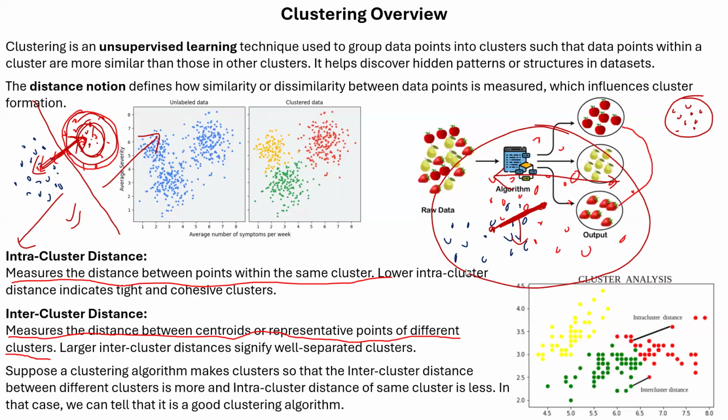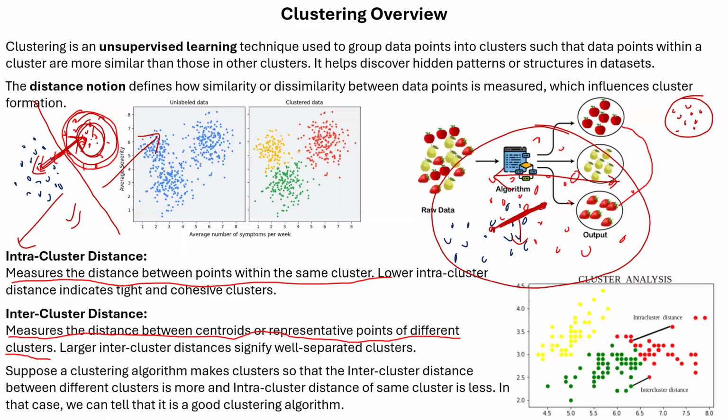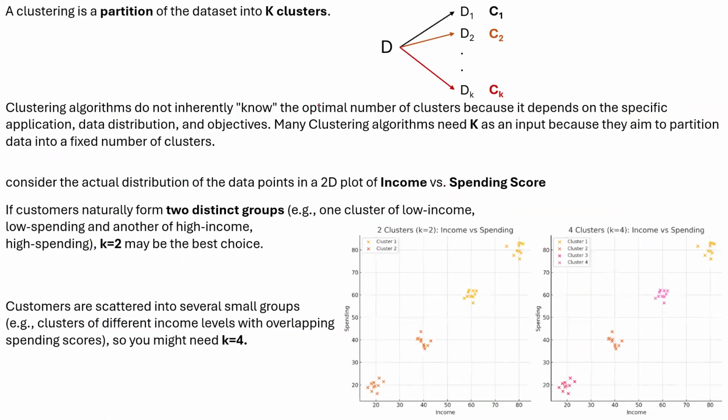Most of the clustering algorithms will try to decrease the intra-cluster distance and increase the inter-cluster distance. If the clustering algorithm is doing so, we can say it is a good clustering algorithm.